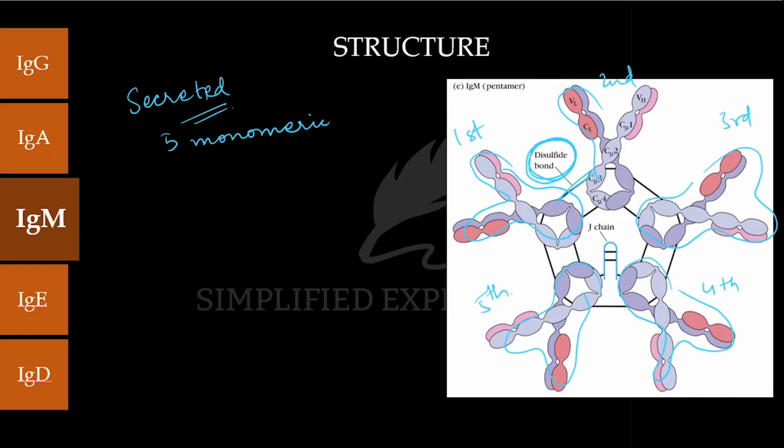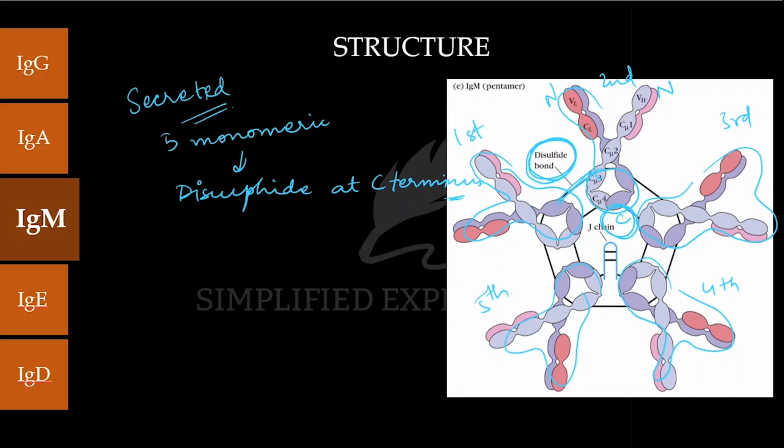And what do these disulfide bonds link? They link the carboxyl terminal of the heavy chain. We know that this is the N terminus and this is the carboxyl terminal. So they are linking the carboxyl terminal portion of the IgM monomeric units. So here we can write 5 monomeric units held together by disulfide bonds at the C terminus.